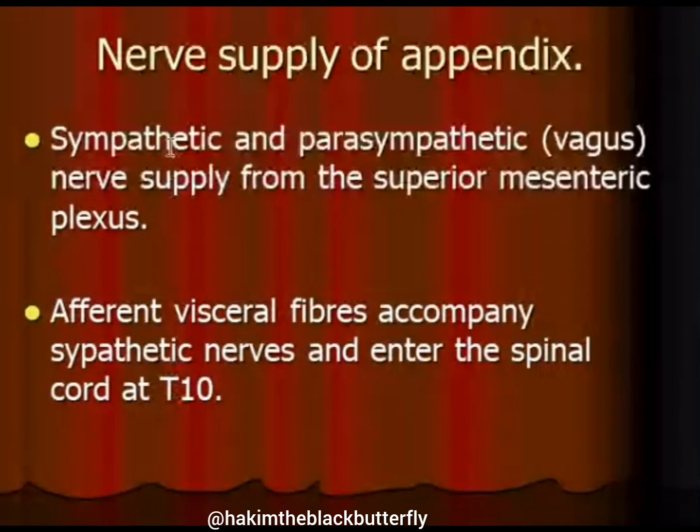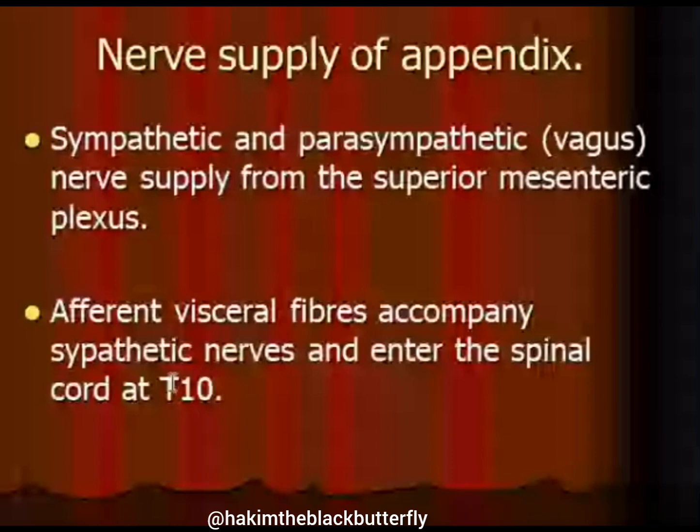Now, remember one thing, that the autonomic nervous system is not sensitive to pain, but skin is sensitive to pain. So when the appendix is inflamed or damaged, those impulses of damage or stretch are taken to T10 segment of the spinal cord.